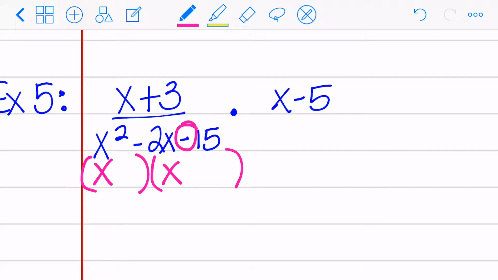So hopefully you'll think of 5 and 3, and we need that to be a -2, so it's going to be a -5 and a +3. So -5 times 3 gives us a -15, but -5 plus 3 gives us a -2. So it's exactly what we need.